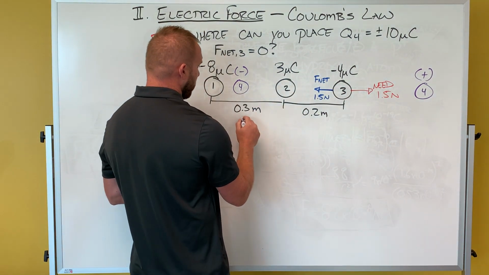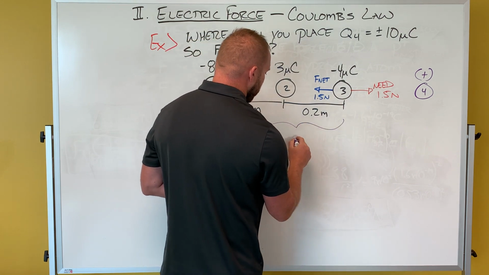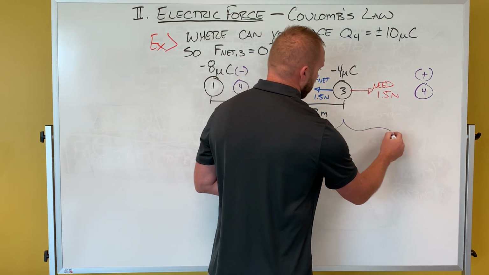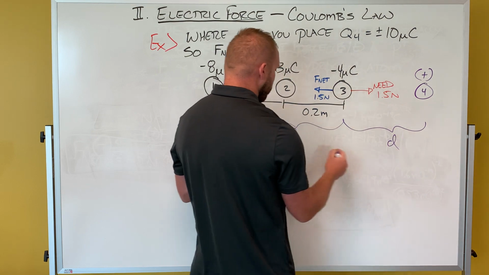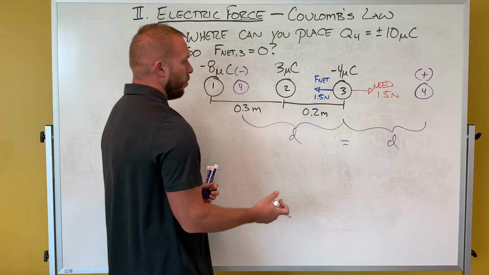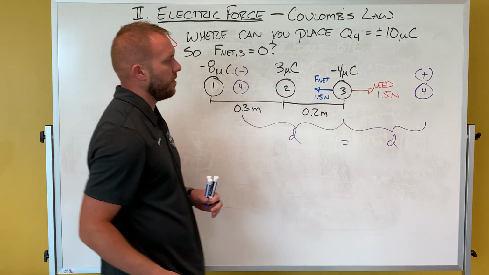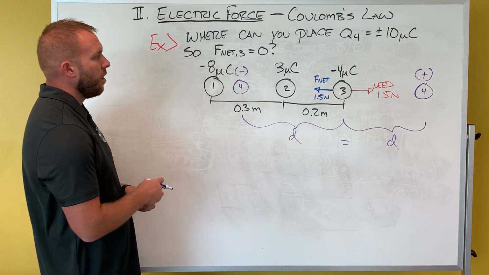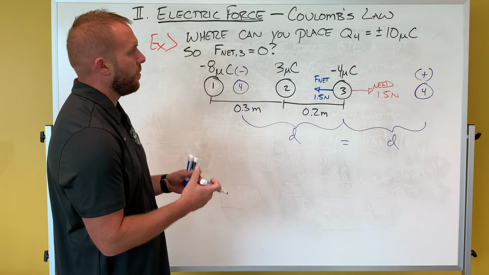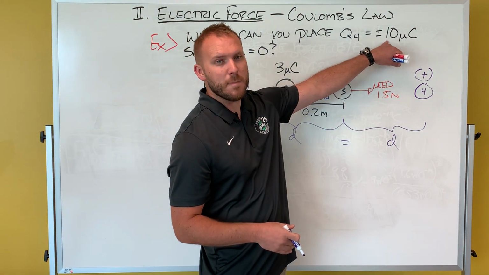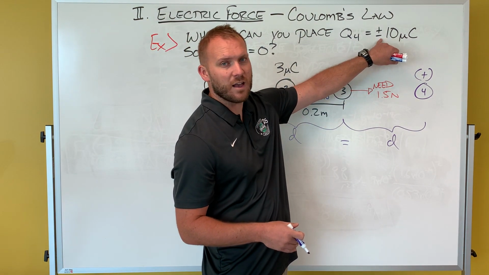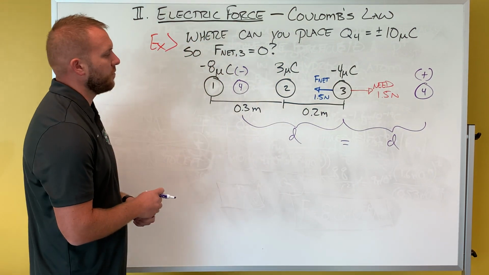So what we're trying to figure out is what is this distance? In either circumstance, that distance is going to be the same, whether it's to the left as a negative or to the right as a positive, because our equation is based upon the magnitude of the charge size, not necessarily the sign, and the distance away from that charge.